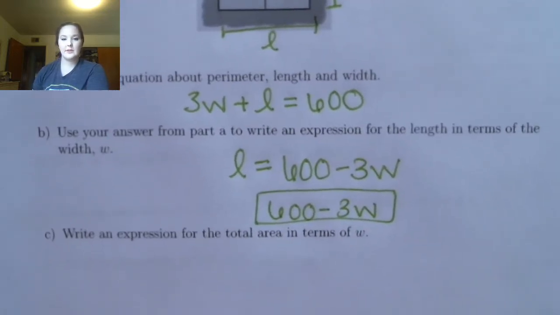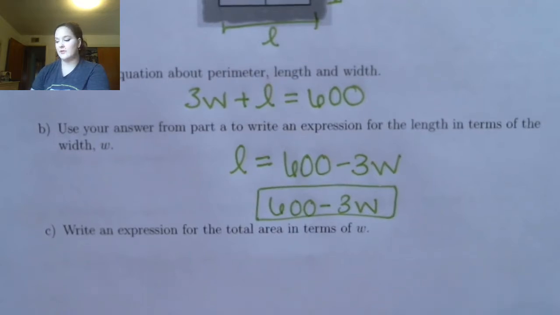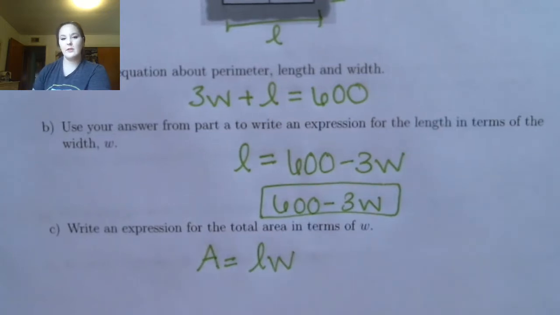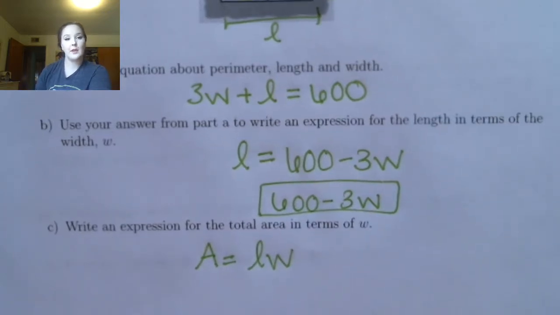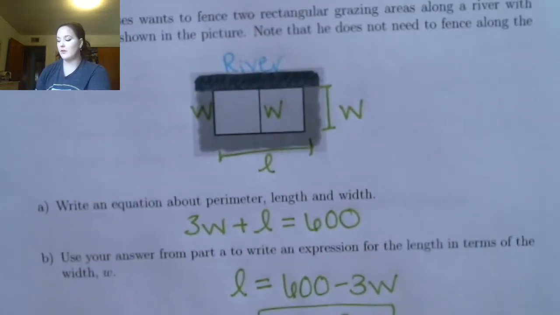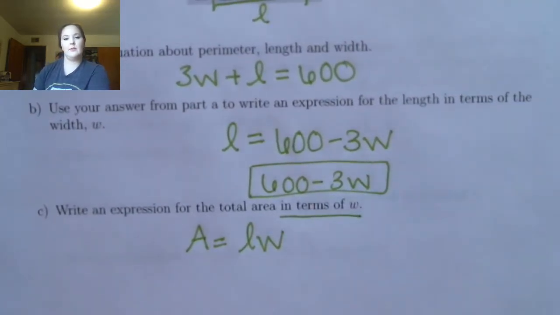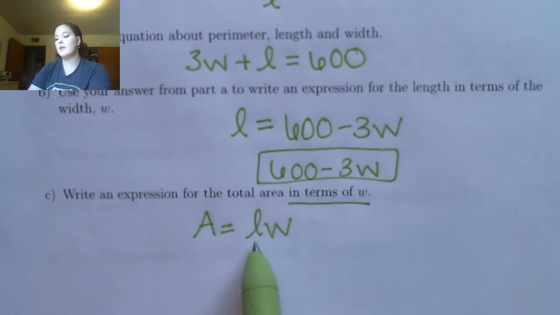Now this says write an expression for the total area in terms of W. We know that area is length times width for a rectangle, which this is. But it says in terms of W, so that means we can't have L in here.